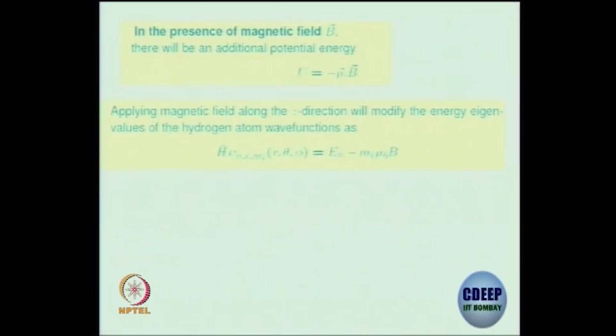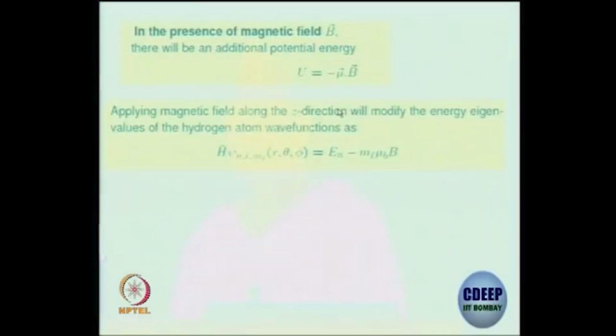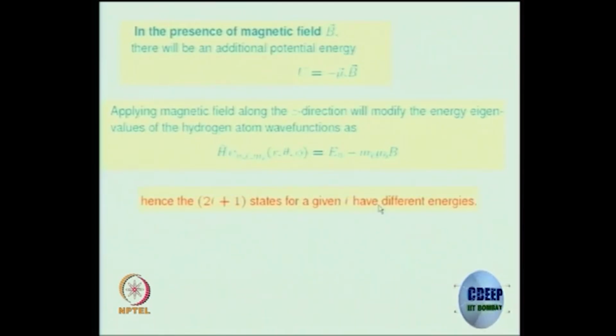This is the way of using eigenvalue equations, simultaneous eigenfunctions of commuting operators, everything comes into the picture, right. So, this is one thing which you should see. Initially there was a degeneracy, but now 2L plus 1 states for a given L have different energies.